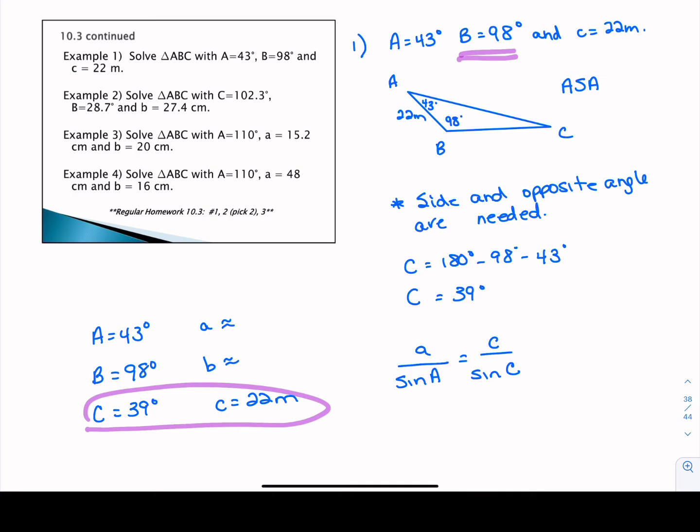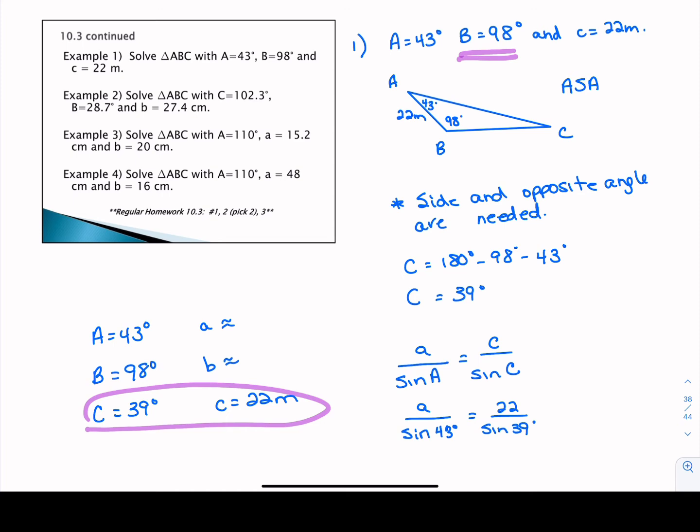So now we get to substitute the information that we know at this point. We know that A is an unknown, so we can leave it as A. We're dividing that by the sine of angle A, or the sine of 43 degrees. And that's equivalent to C, or 22 meters, divided by the sine of angle C, so the sine of 39 degrees.